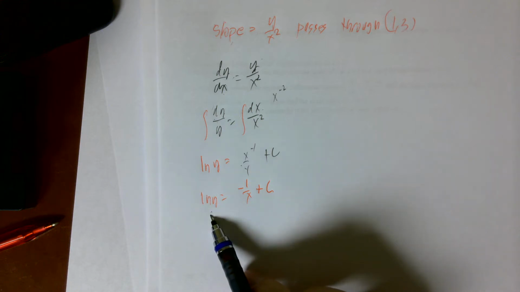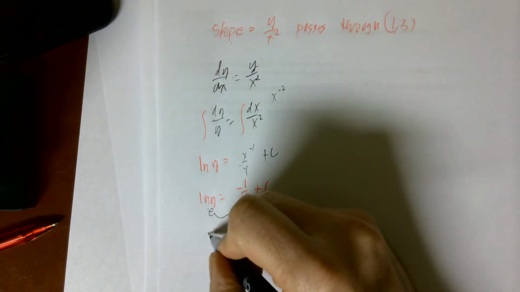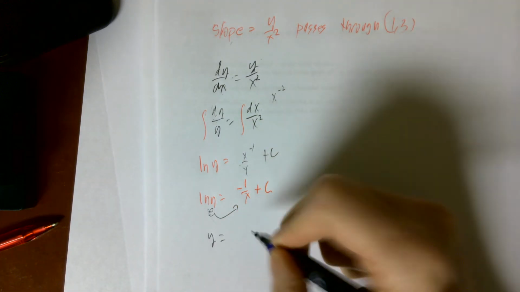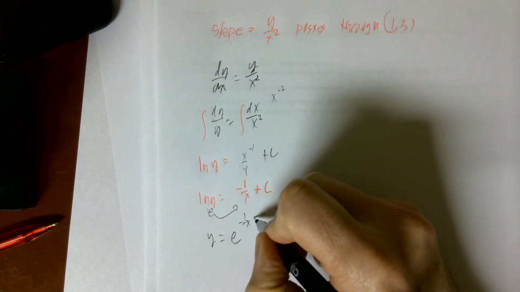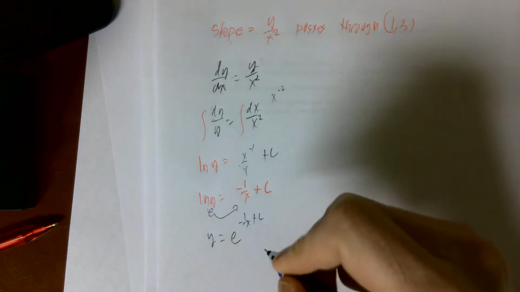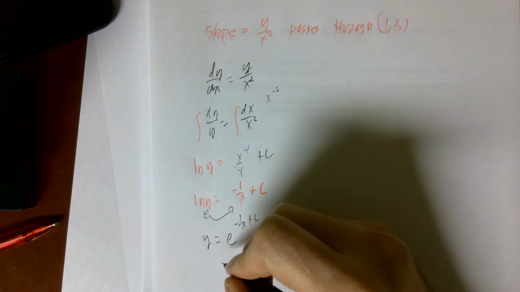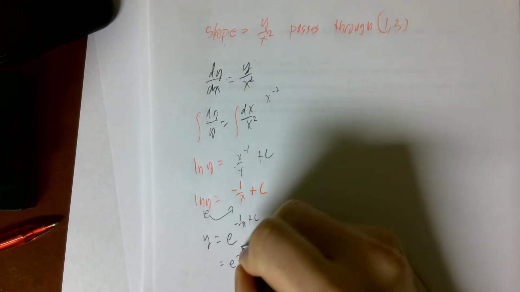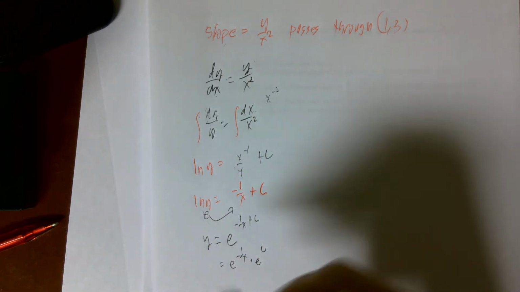Next, I have to get y by itself, so to get rid of the natural log, I end up with y is equal to e to that mess, which is negative 1 over x plus c. And we're going to do the same trick. So this is e to the negative 1 over x times e to the c.